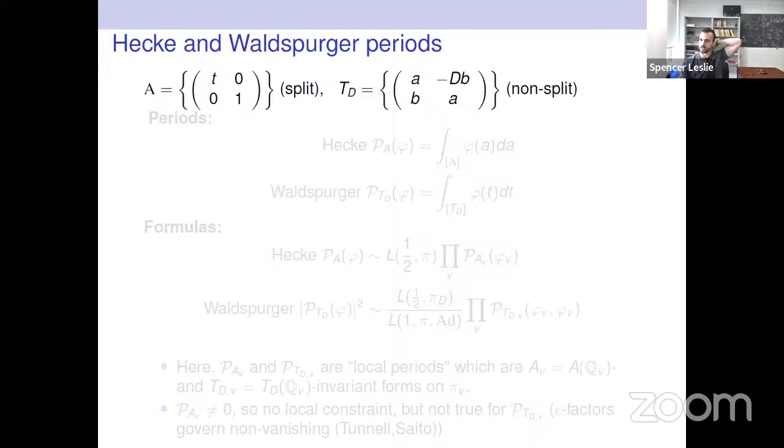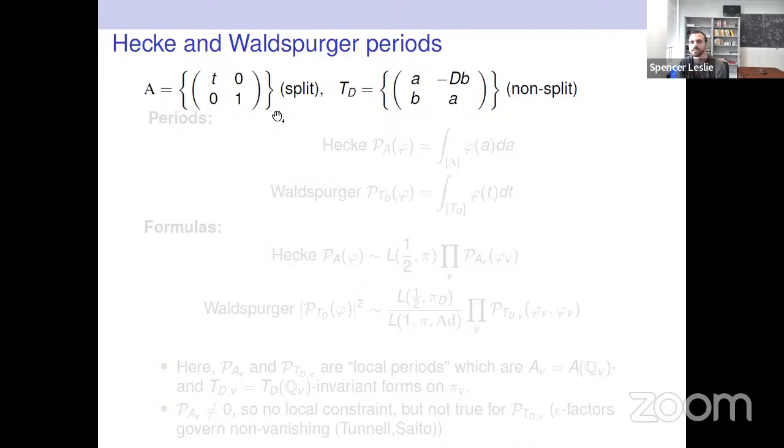So returning to the Hecke and Walsh-Bourget periods, I want to see how I can express these things as these automorphic periods. And so the Hecke period involves integrating over the split torus that I've written down here, the diagonal torus of GL2.